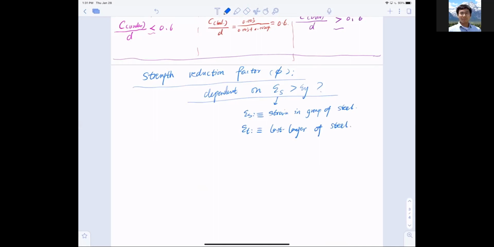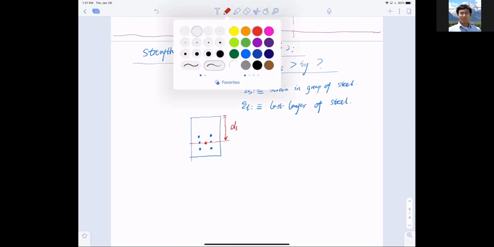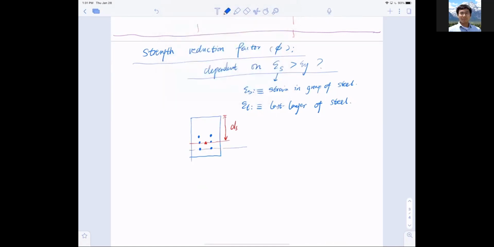To show this, if I have a section, and I have, say, a group of bars like so, the centroid of these bars has a depth of ds, and we define the depth of the last layer of the bars as dt, and the strain is correspondingly epsilon t and epsilon s.